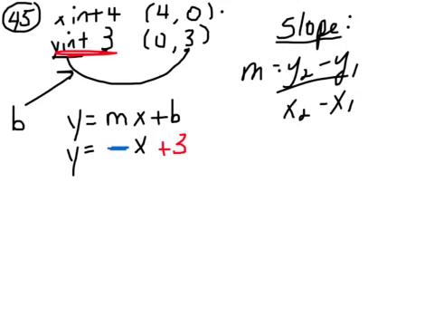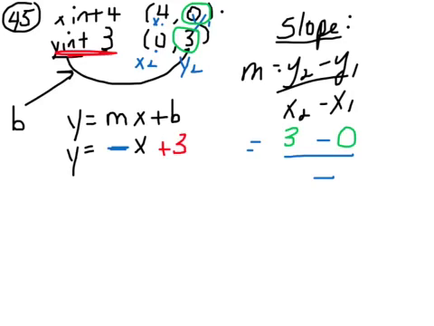Well, if I'm going to do this, let me label my points. I'll call this one (x1, y1) and I'll call this one (x2, y2). It's the x of the second point, the y of the second point. When we find the slope, we're subtracting values on top and subtracting on bottom, so that might be helpful to put down. We're saying y2, which is 3, minus y1, which is 0.